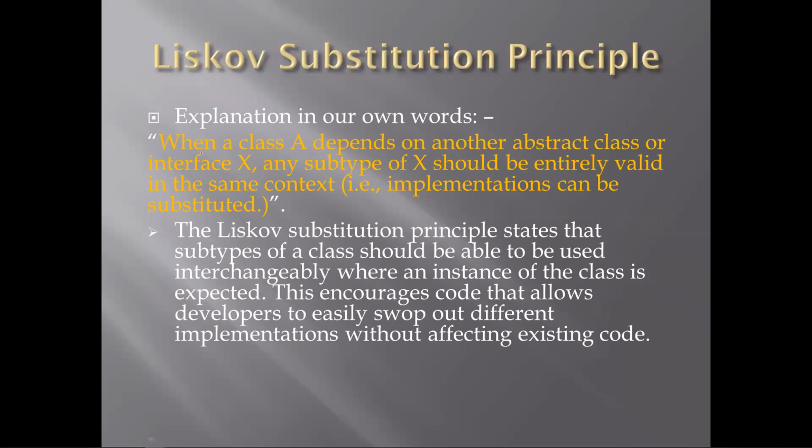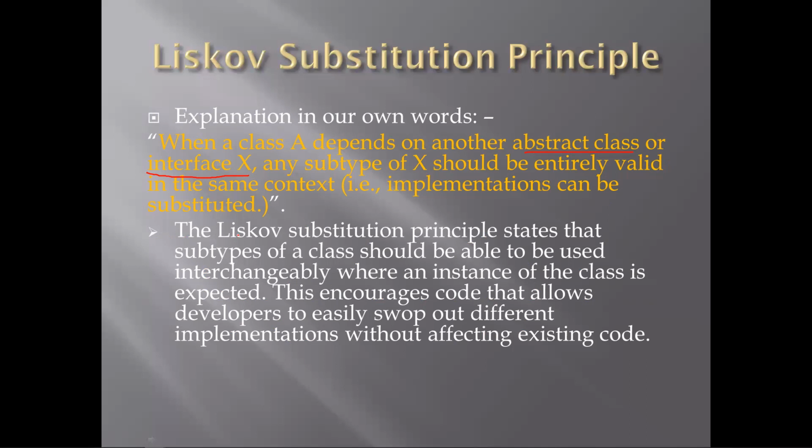What it's saying is, when a class A depends on another abstract class or interface X, any subtype of X should be entirely valid in the same context. That is, implementations can be substituted.